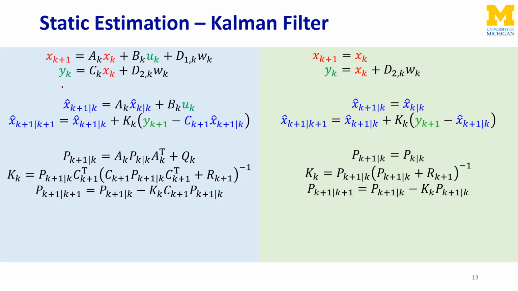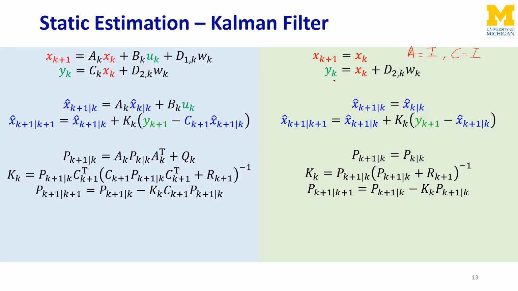So on the left here is again the Kalman filter for a time-varying linear system. We have the system, we have the estimator, and the gain matrix computation. Since we are dealing with a static estimation case, I'm going to assume that A is equal to the identity and C is also equal to the identity, which means that we are only worried about improving our measurements. There is no internal dynamics going on. We can see the entire dynamics because we are measuring the entire dynamics.